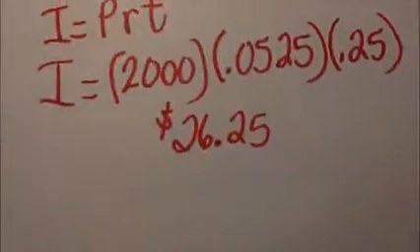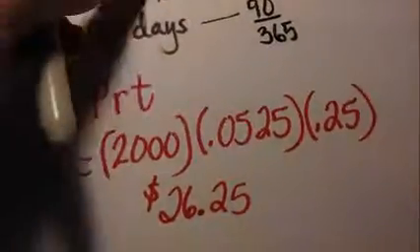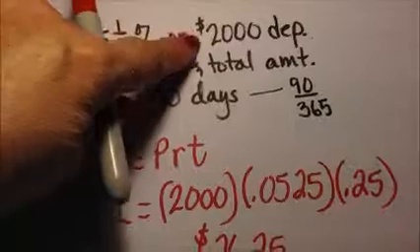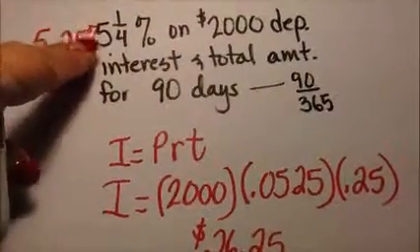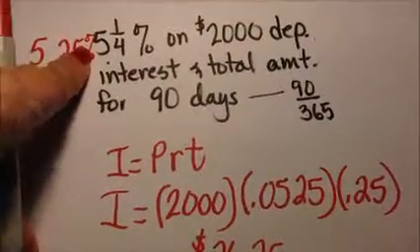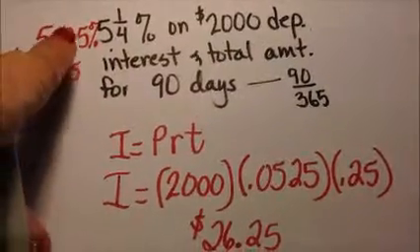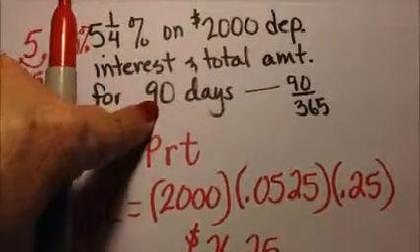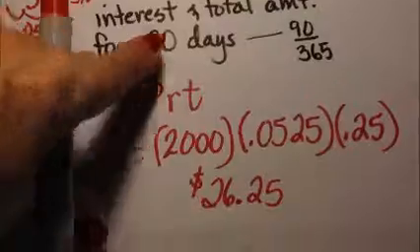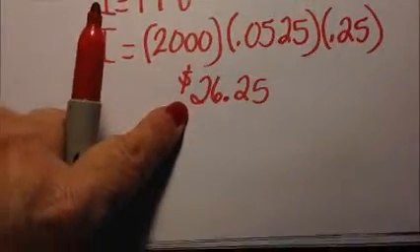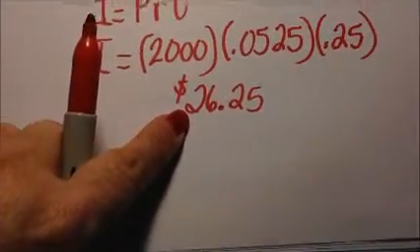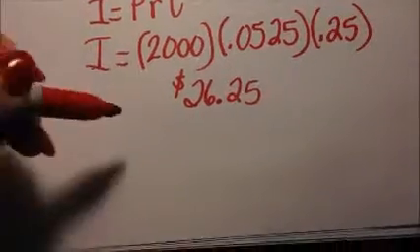Okay, so basically this is saying that if I deposit $2,000 in a savings account and it draws interest at 5.25, simple interest, and I want to know how much interest I'm going to get after 90 days. So basically this tells me I'm going to get $26.25 interest.